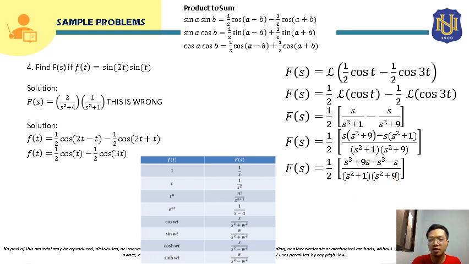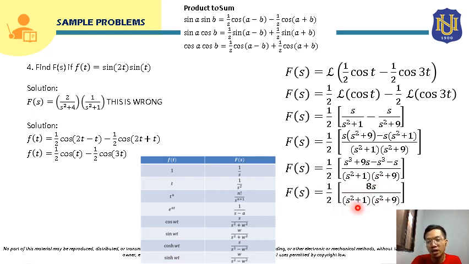Here we will simplify the numerator by combining like terms, all the s cubed and all the s. So s cubed minus s cubed cancels, and 9s minus s is 8s over the same denominator.